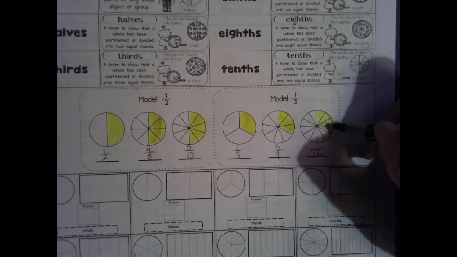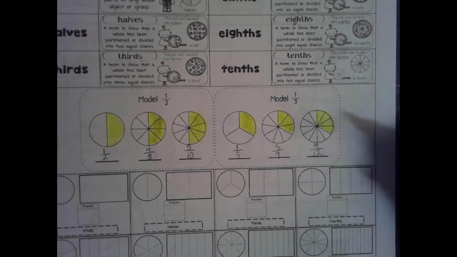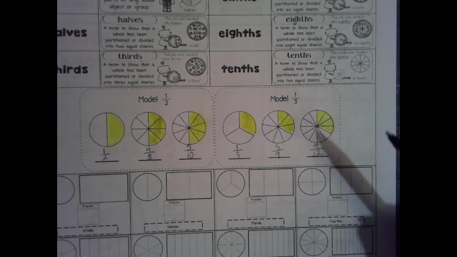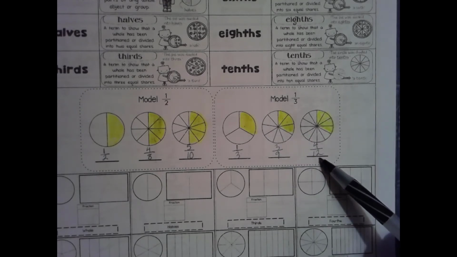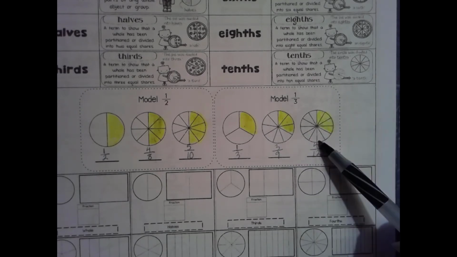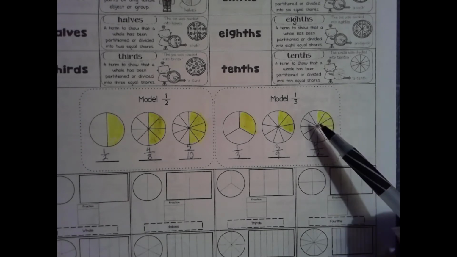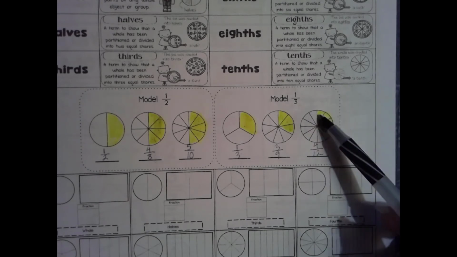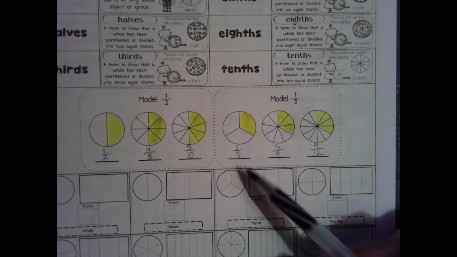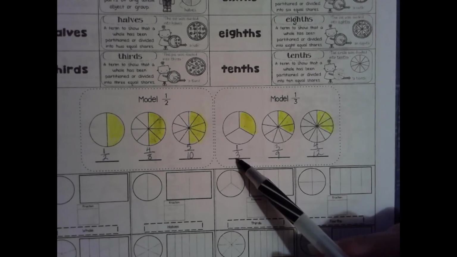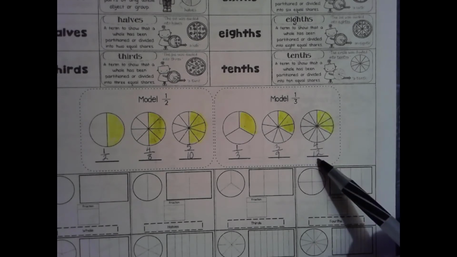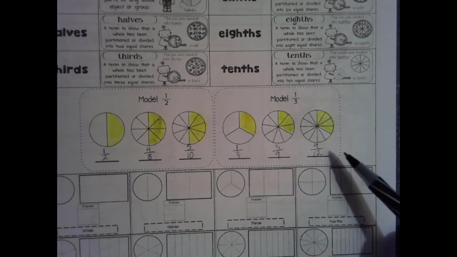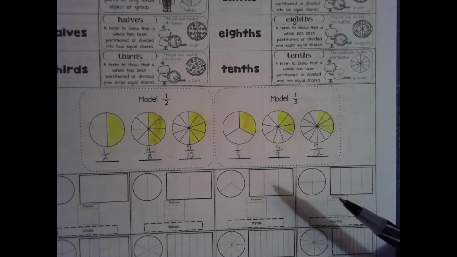And we have 1, 2, 3, 4 shaded in. So again, the pieces are just getting smaller. So the larger the denominator, the smaller each piece is, and the more there are of them, but I still have the same area shaded in. So 1/3 is equivalent to 3/9, which is equivalent to 4/12. These all represent equivalent fractions for 1/3.